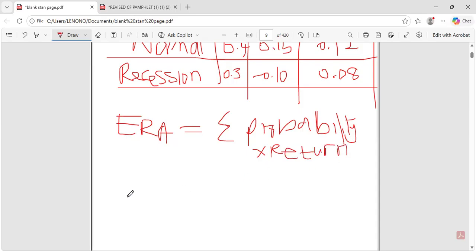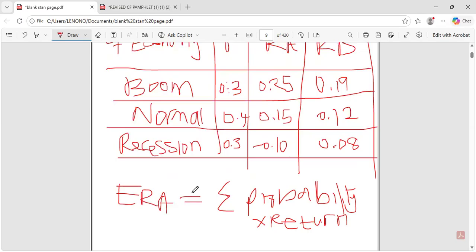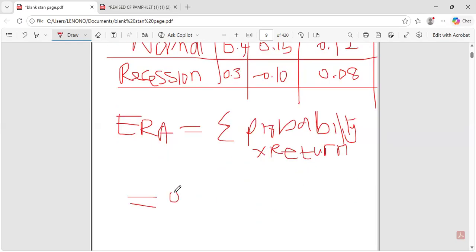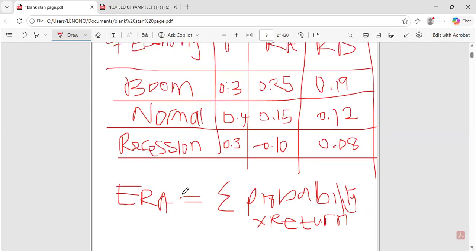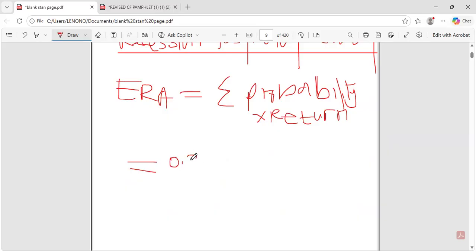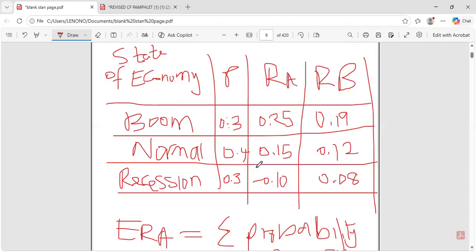So meaning that our expected return of A will be 0.3 by 0.25, multiplying the probability by the return of A.